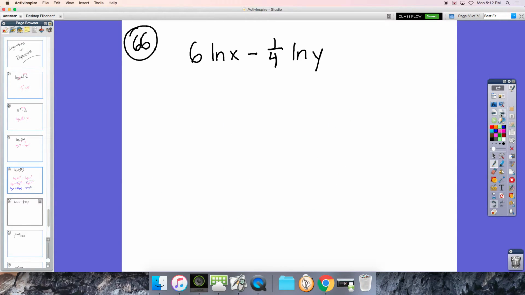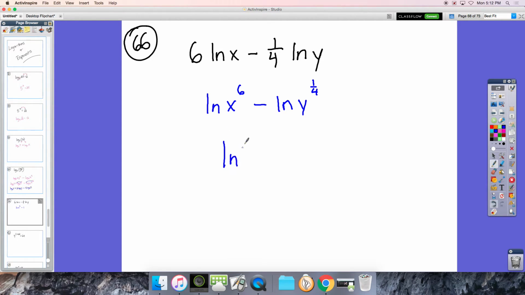For 66, you're subtracting, so that means that you're dividing. When you have a number out front, that means that's your exponent. So if I rewrite these as exponents, I'd have this. And when I'm subtracting two logs, that means I'm going to divide them.